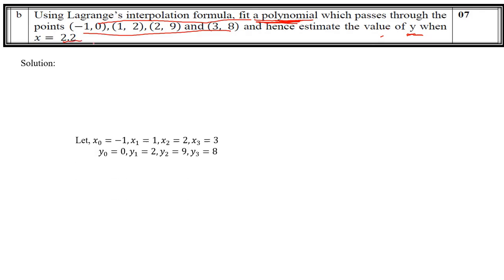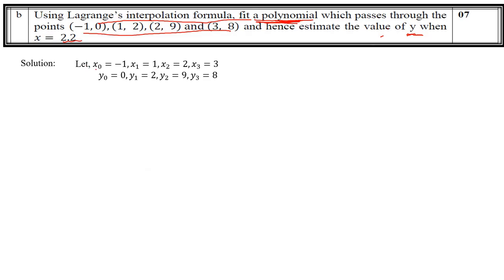Moving on to the solution. I will consider the given set of values as x0, x1, x2, x3, y0, y1, y2, y3. This is nothing but the xy values, my dear students, the x comma y ordinates. So I have denoted those values.